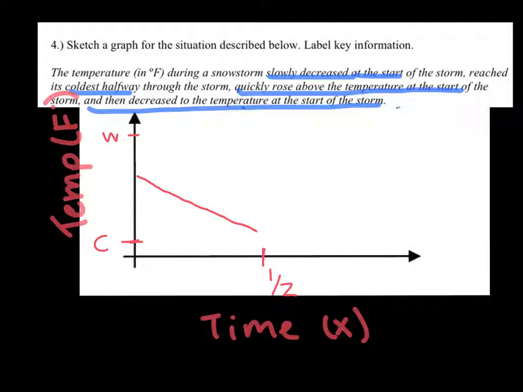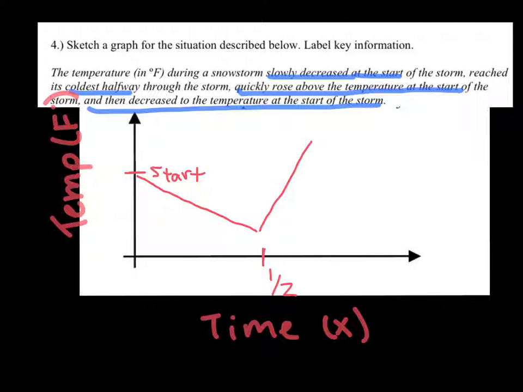And then it says it quickly rose above the temperature of the start. So if the start is here, it's saying it quickly, so a steeper slope, rose to be above where that start point was. So it should be a little bit steeper of a slope.